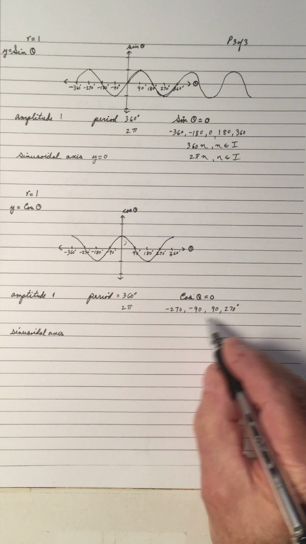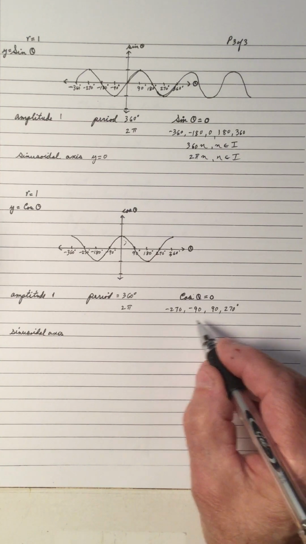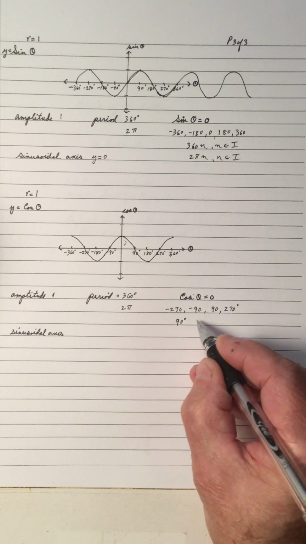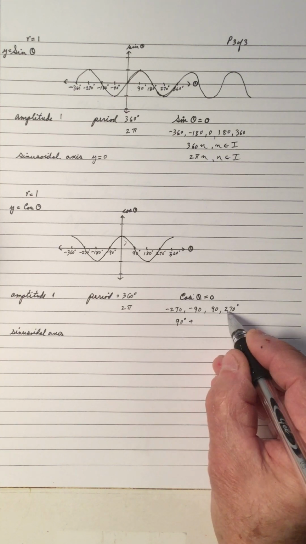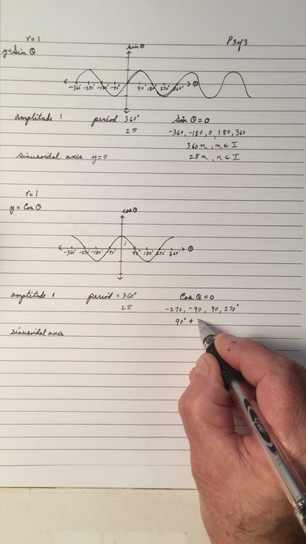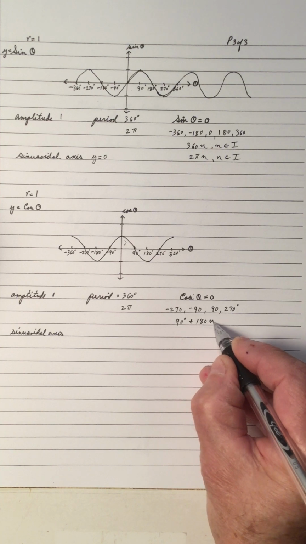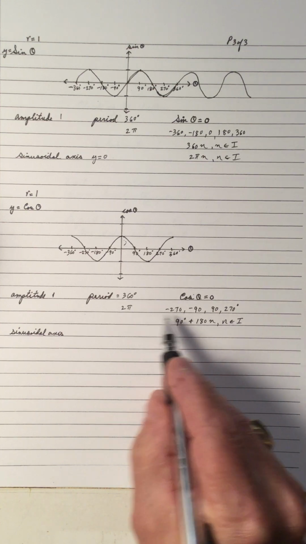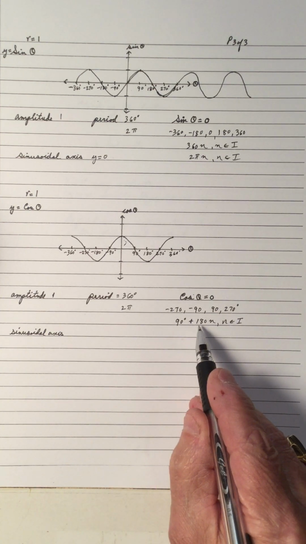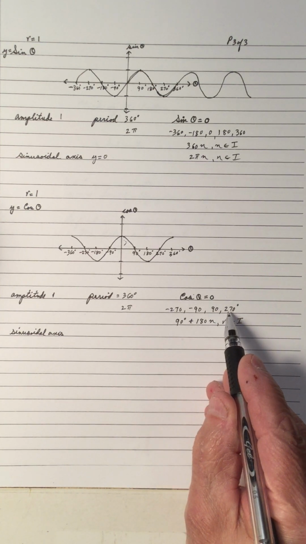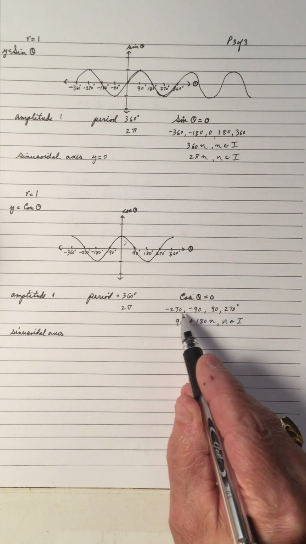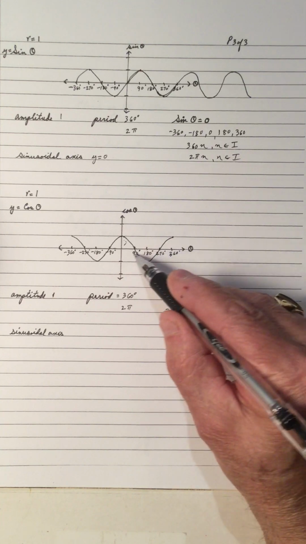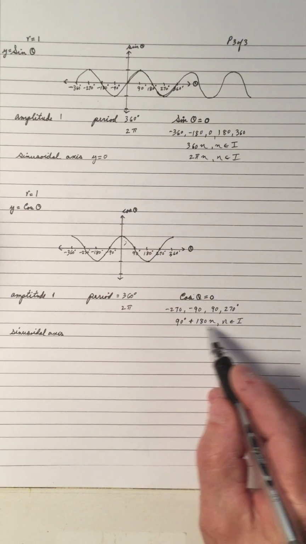So we can say that's at 90, and we're adding on 180 each time. So we can go 180 n, where n belongs to the integers. So that gives us all of these. If you take the 90 and add on 180, or you take it and subtract 180, you will get all of them. This is only some of them in this graph right here, but there's many of them.